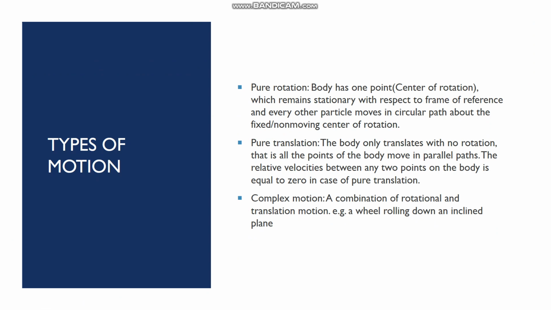Pure translation is when all the points in the body are moving in paths parallel to each other. And complex motion is just a combination of pure rotation and pure translation.